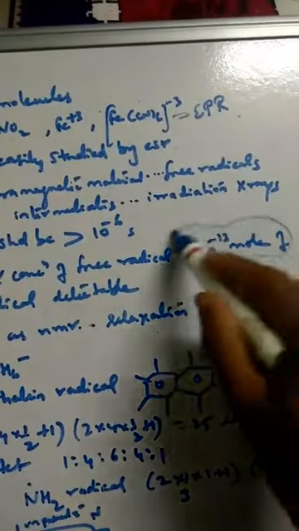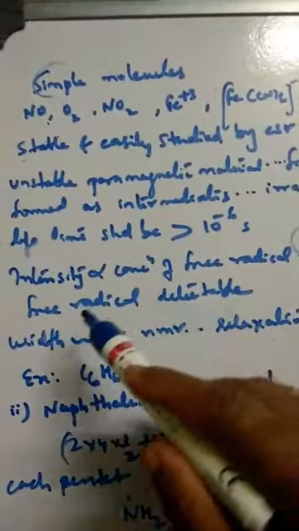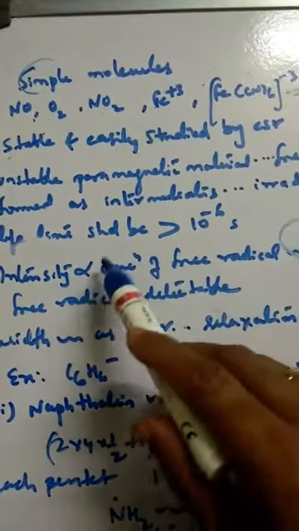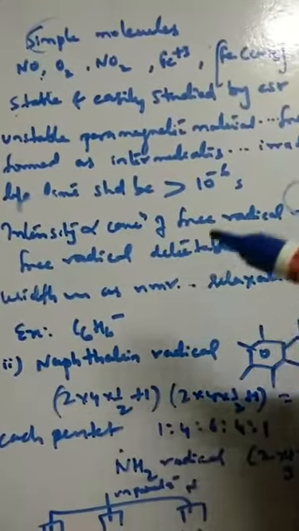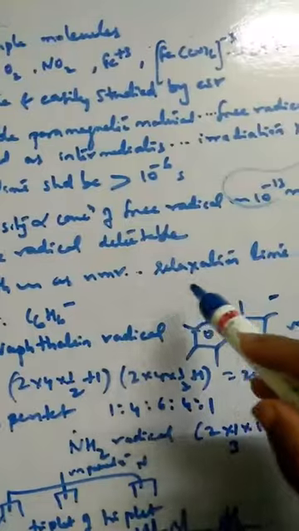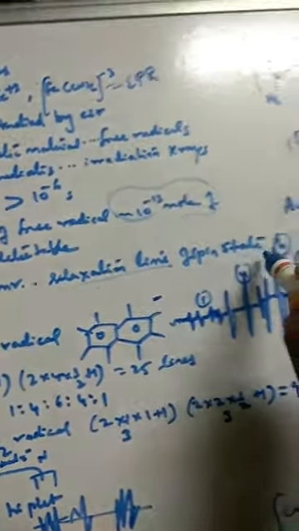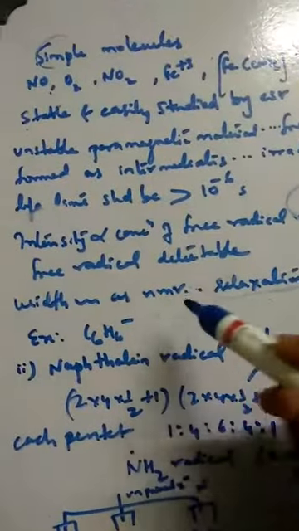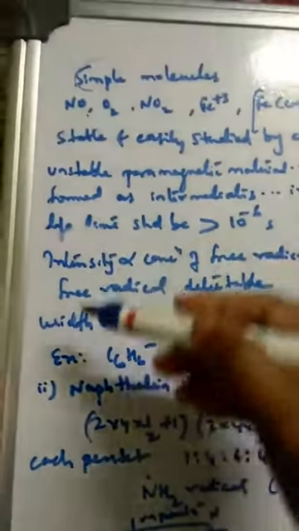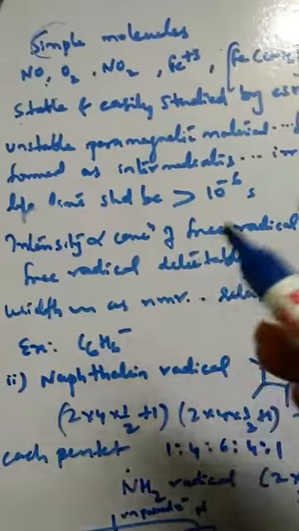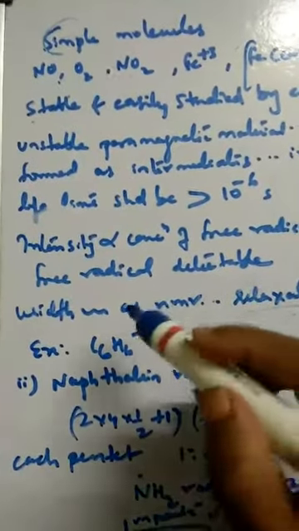So it depends directly on the concentration of the free radical. Similarly, as in NMR, the width depends on the relaxation time of the spin state. So the intensity and width depend on these two factors in EPR.